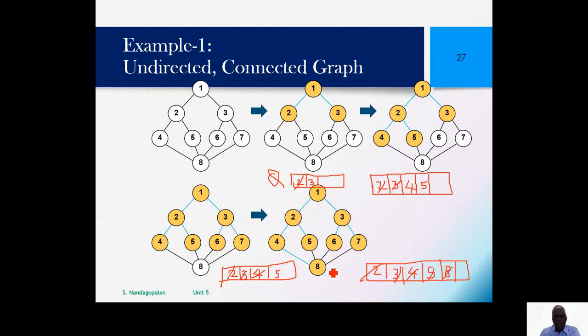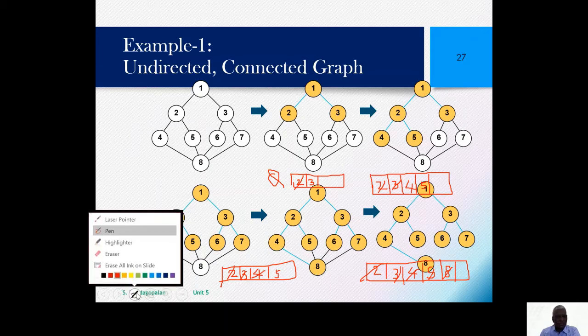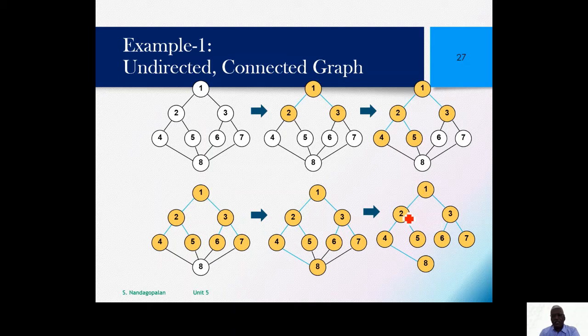So the ultimate tree now, BFS tree, is this. So I'll just erase this. So you can see here the BFS tree. So it may be different from DFS tree, but the concept behind is that we have systematically gone through each and every vertex starting from a given vertex 1, and that's exactly what we call the traversal.